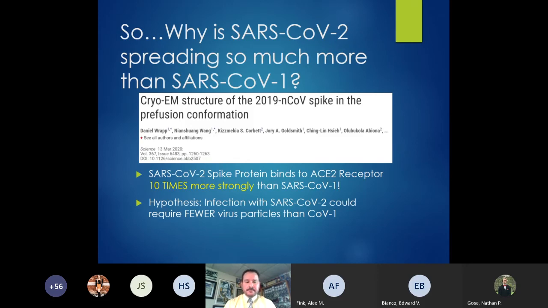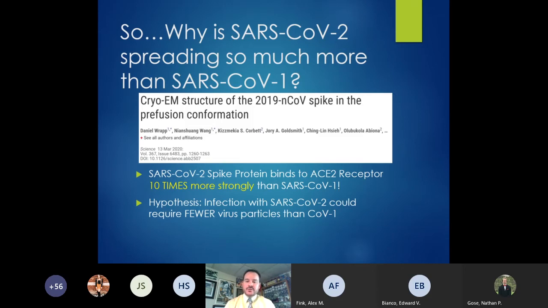So here's some data that indicates this. This was a paper, again, published just on the 13th of March in Science by Rapp et al. And what they have found is that the spike protein of SARS-CoV-2, this new virus, binds to its receptor, ACE2, 10 times more strongly than the original SARS.